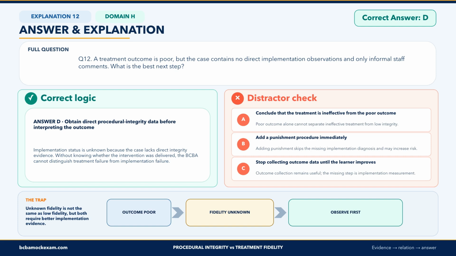A. Poor outcome alone cannot separate ineffective treatment from low integrity. B. Adding punishment skips the missing implementation diagnosis and may increase risk. C. Outcome collection remains useful. The missing step is implementation measurement. When outcome is poor and fidelity is unknown, measure implementation before making an effectiveness decision.